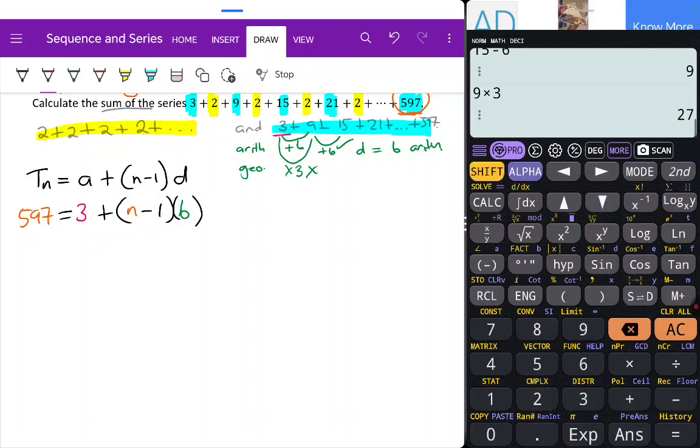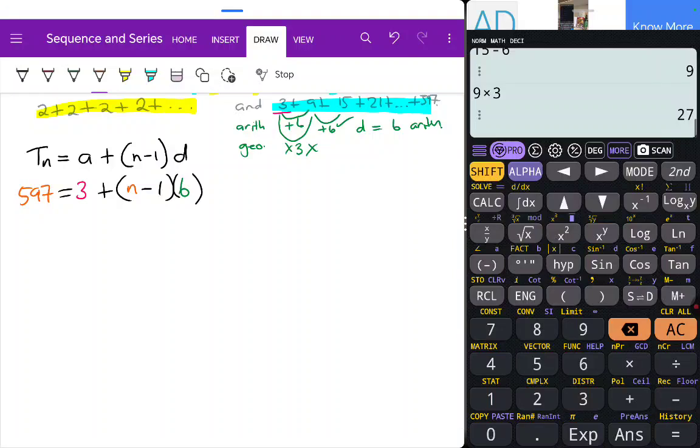Now we can solve. We are going to multiply this d into the bracket, distribute, and we're going to say 597 is equal to 3 plus 6n minus 6. Simplify: 597 is equal to 6n minus 3.